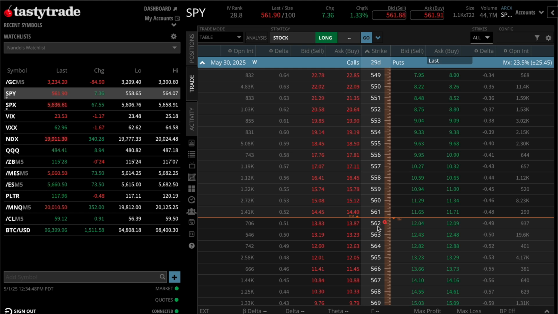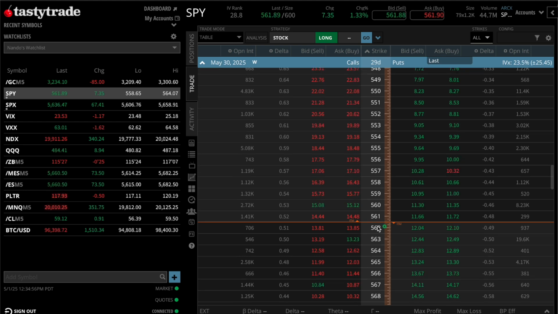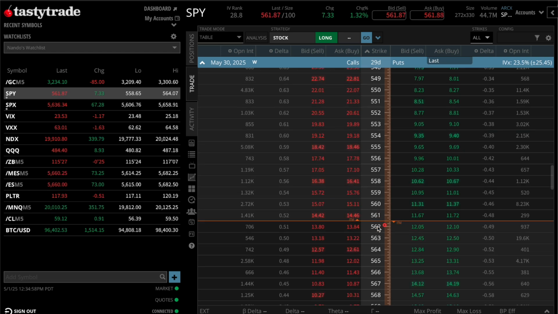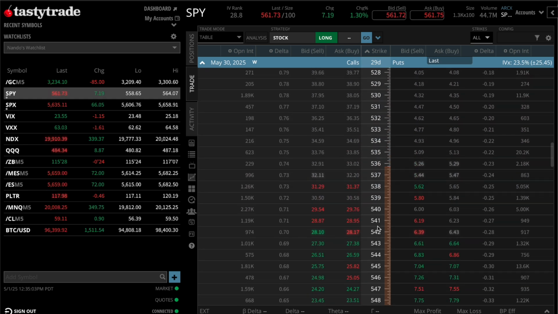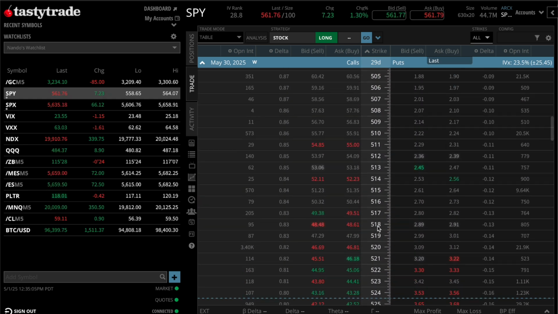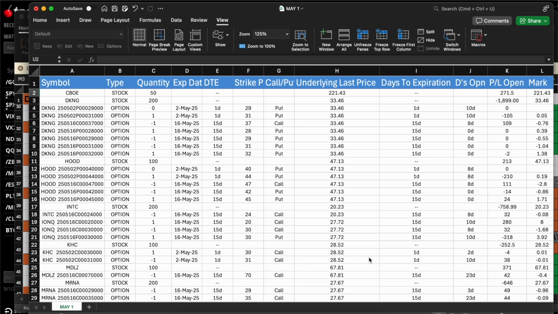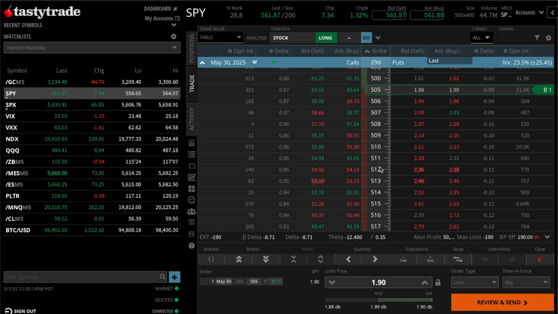A 10% move to the downside would be $56. So that's going to take us to roughly 504, 506. So in this area, let's just say 505 to make it easy. This is roughly a 10% move to the downside.